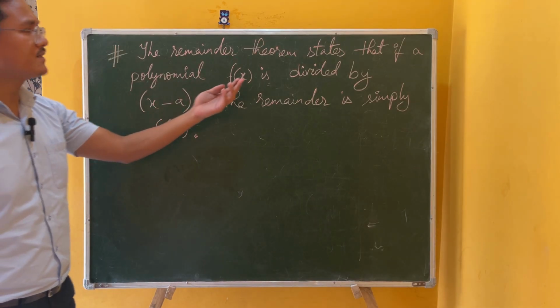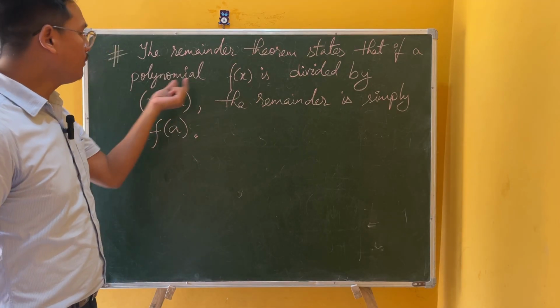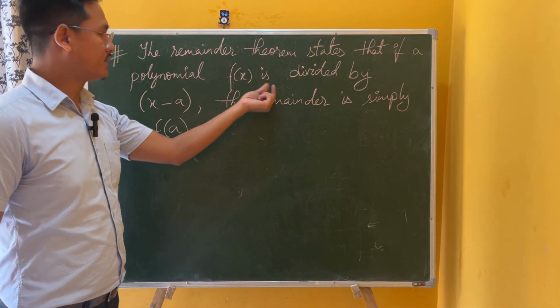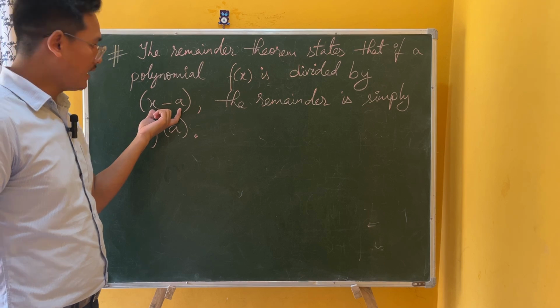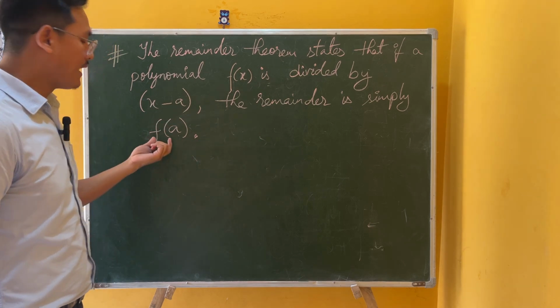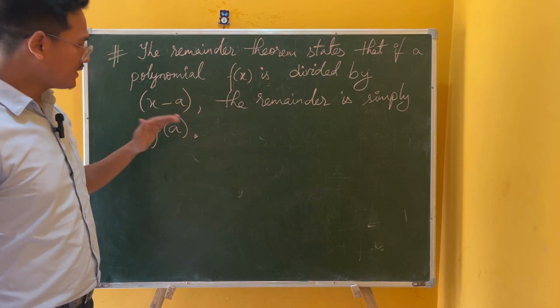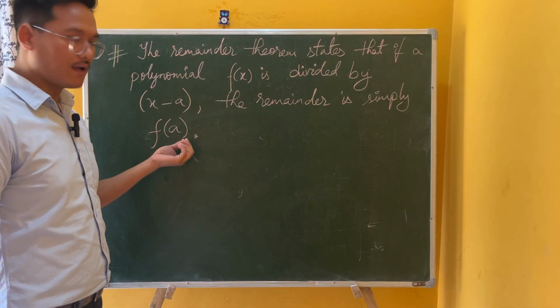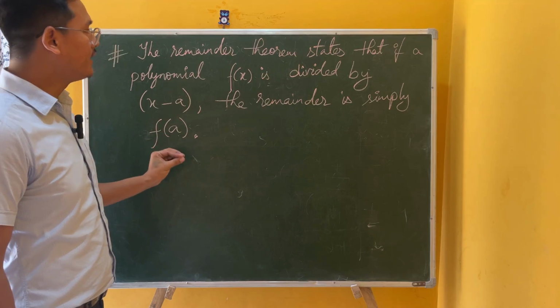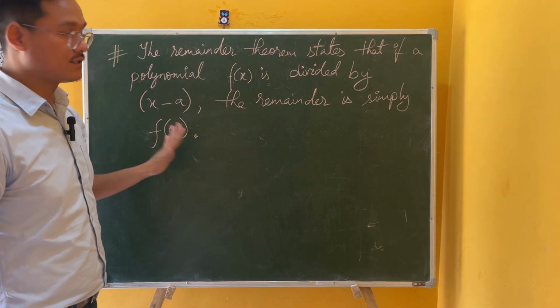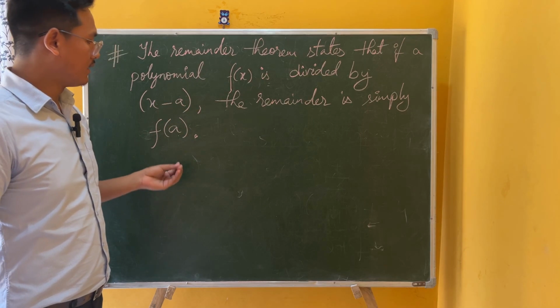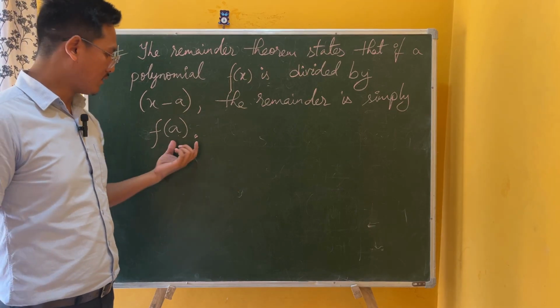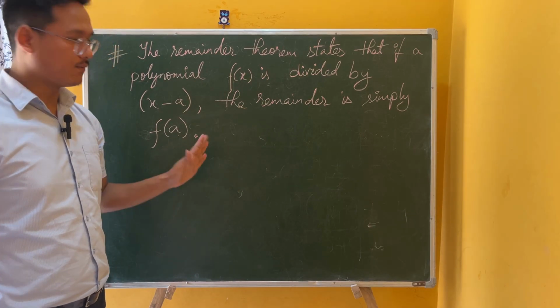So this is the application of the remainder theorem. It's the shortcut for the long division method. The remainder theorem states that if a polynomial f(x) is divided by x minus a, the remainder is simply f(a). This is the statement you will find in your textbooks. In every textbook, whenever you read about the remainder theorem, this is what is written. But how it's verified, I hope you understood by the problem that we did.